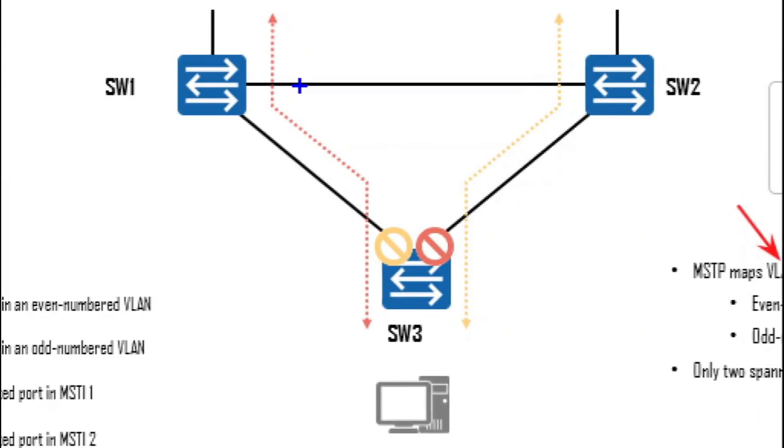We have two spanning trees, and depending on the VLAN you're coming from, we are going to either open or block a certain port.